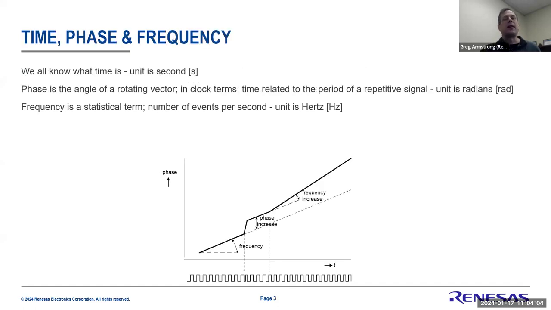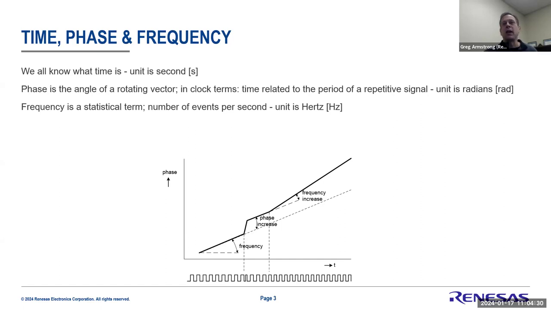This is a figure I use a lot in my presentations just to give a summary of what time, phase, and frequency are, because sometimes we don't really understand the differences. There's a relationship to all of them. Frequency itself, fundamentally, is really a statistical term. It basically represents how many events happen per second, usually in a unit of hertz.